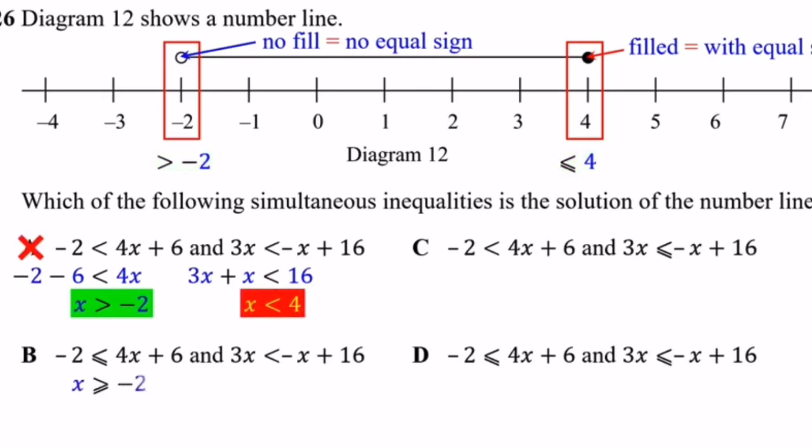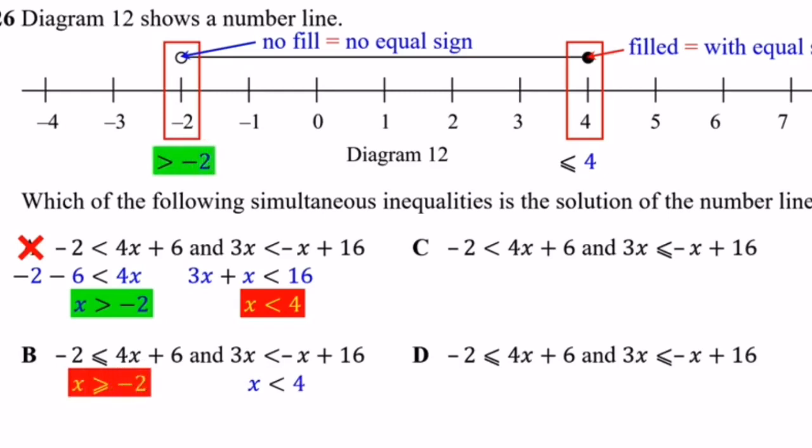Let's do B. X more than or equal to -2 is already wrong, and x less than 4 is also wrong. For B, both are wrong, so we will reject B for sure.